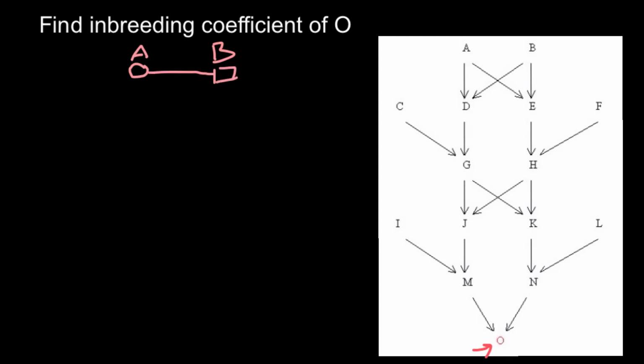We have a mate here, and this couple has two children, D and E. Each parent contributed 50% of the genes to each child, and we see that two lines come to every child from every parent.